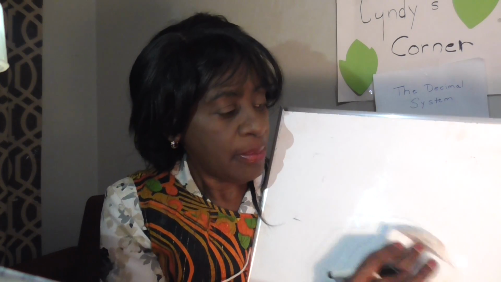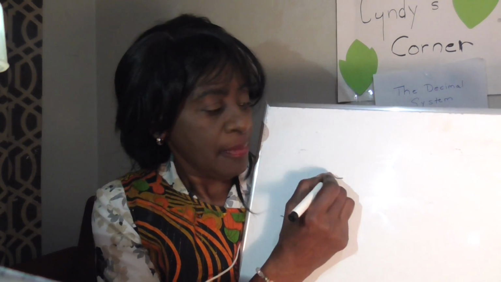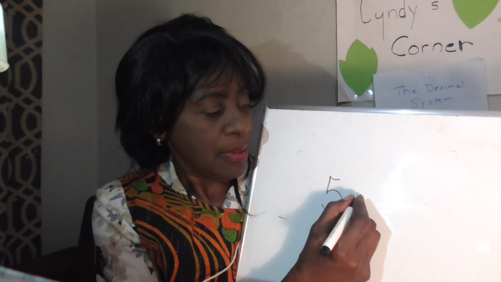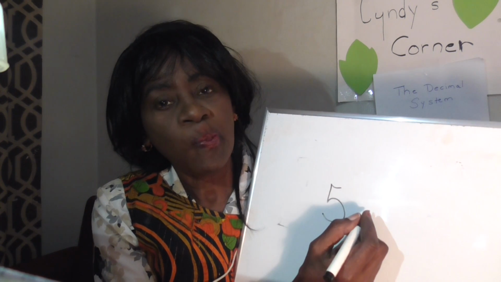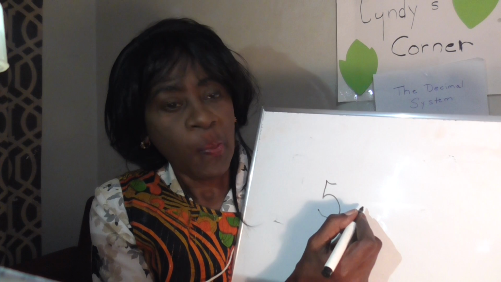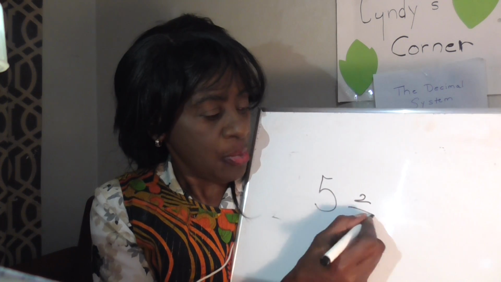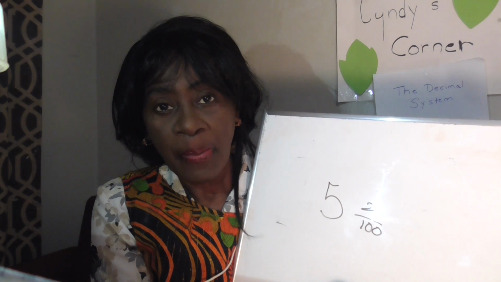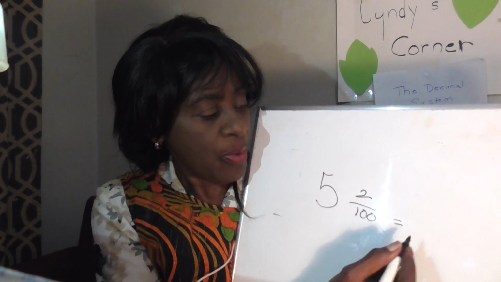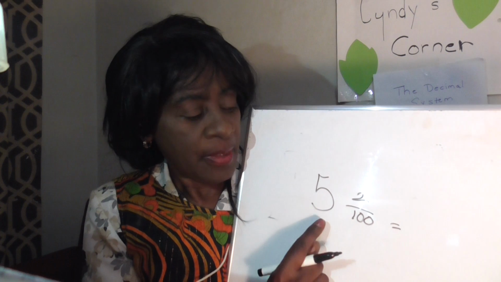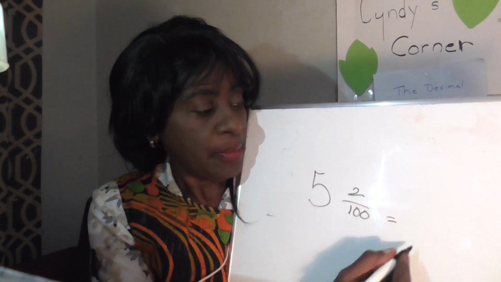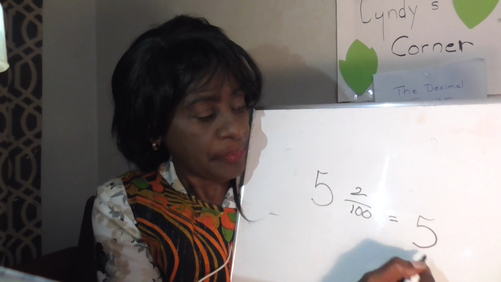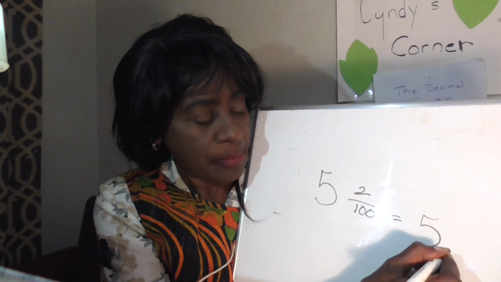Let's say we're talking about 5 and 2 100ths. In decimal form, the 5 is the whole number. 5, we have a decimal point.